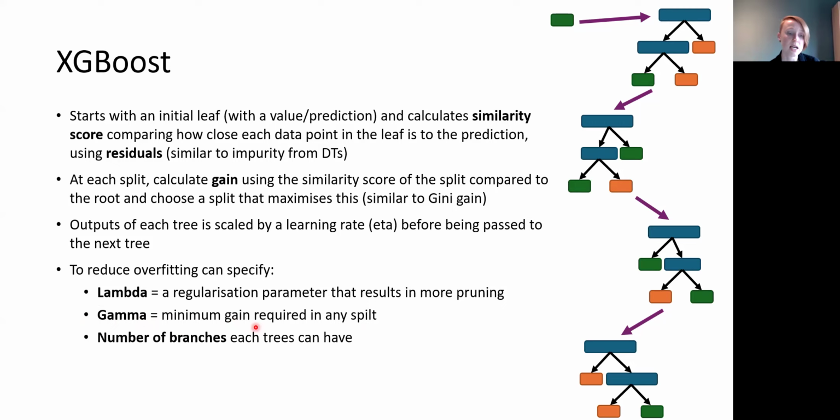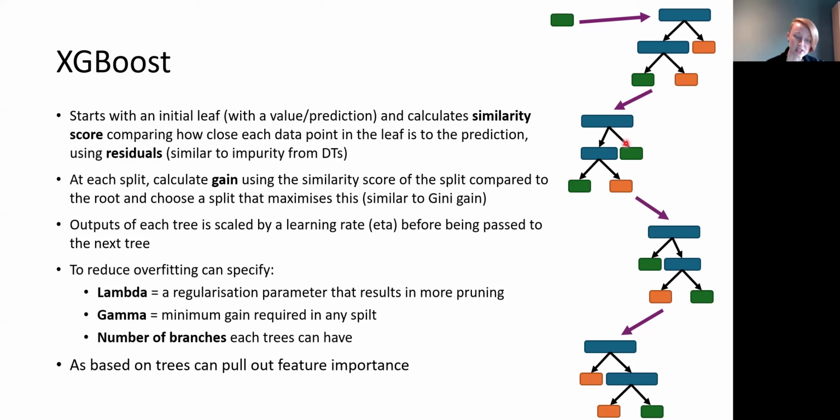Finally, because XGBoost is a boosting method where you actually want slightly weaker models at each individual step, you don't want full decision trees that will perfectly split all of your data. You usually set the number of branches or levels that each of these trees can have, which I think was somewhere around 30 quite often. But you don't want them to be full-length trees, so you will stop them before they get to that point.